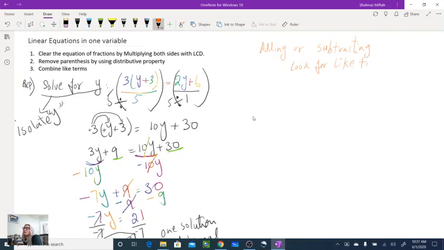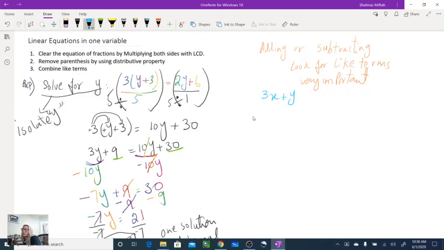Like terms are very important for addition and subtraction. For example, I have 3x plus y. Now, should I be combining these? Should 3 plus 1 give me 4 or something? No, because we are adding here and we look for like terms.